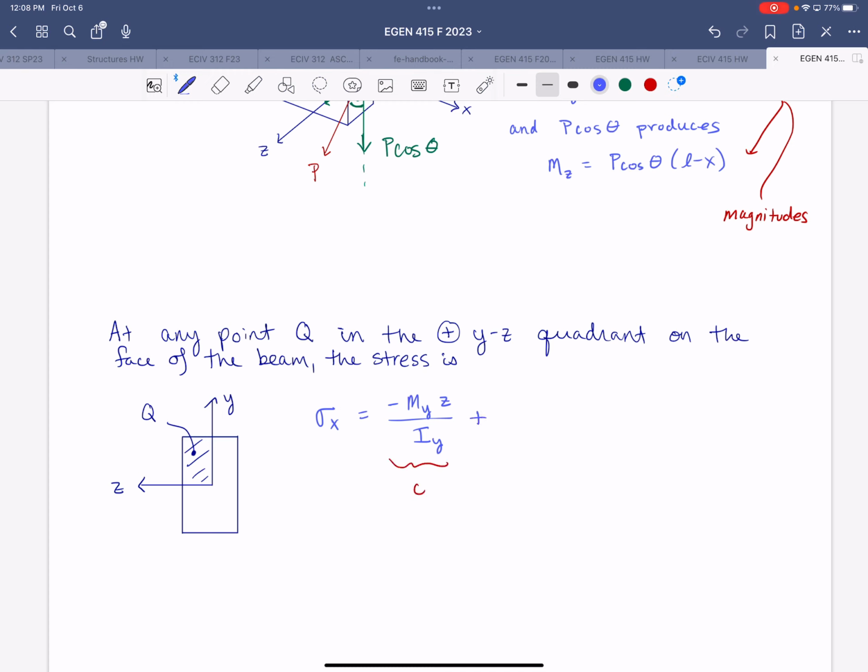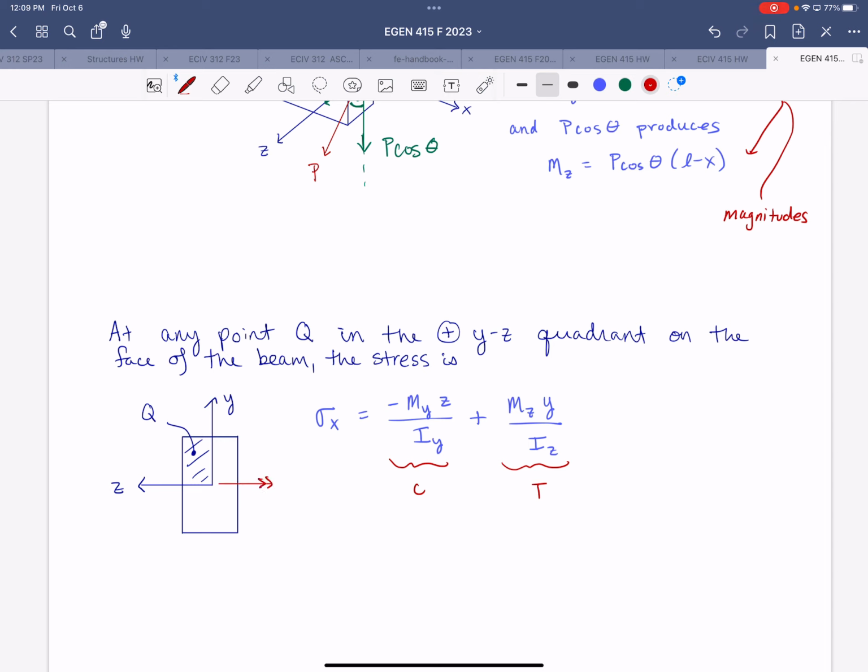And then from the moment about z, from this skewed load, the moment about z would cause tension. So it would be plus Mz times y divided by Iz. I'll sketch on here the directions of the moments.